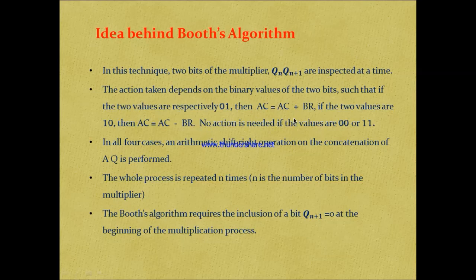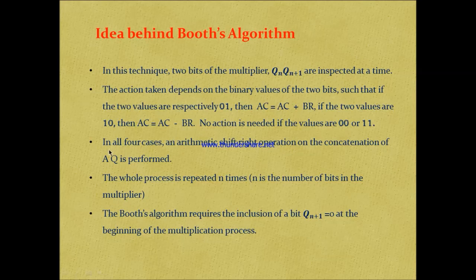We have to keep in mind that subtraction is nothing but the 2's complement addition. These things are very much known to you. Here we have to add AC and BR, so we perform simple addition. Here we have to subtract, so subtraction is nothing but the 2's complement addition.